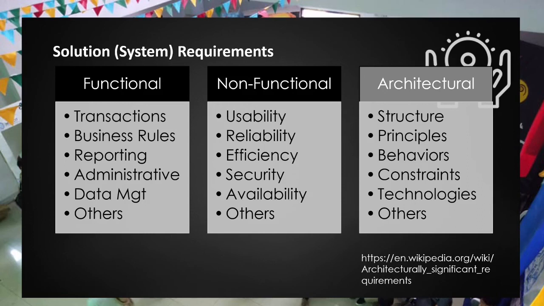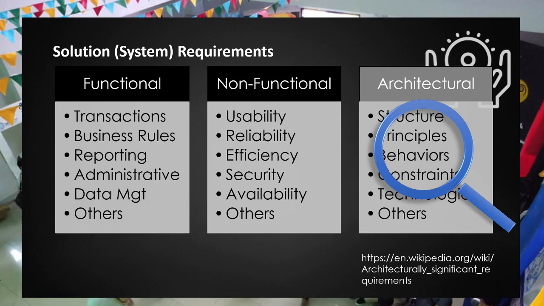Non-functional requirements may include usability, reliability, efficiency, security, availability, and other quality attributes. For quite a long time, architecturally significant requirements were not recognized as important notions when talking about architecture. Non-functional requirements or quality attributes is often used.